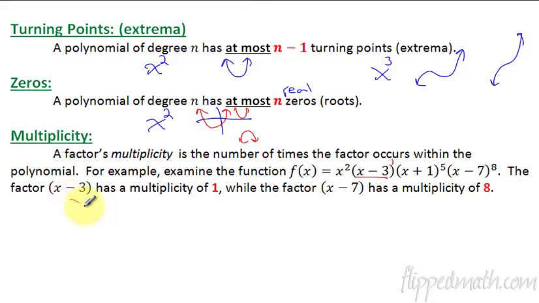Or another way of saying this is that the zero, x equals 3, has a multiplicity of 1 as well. And this zero, x equals 7, has a multiplicity of 8 because it's showing up 8 times in the factor. Okay, not too difficult of an idea, but it is important for something that we'll do with the graphs. You have to examine the multiplicity.